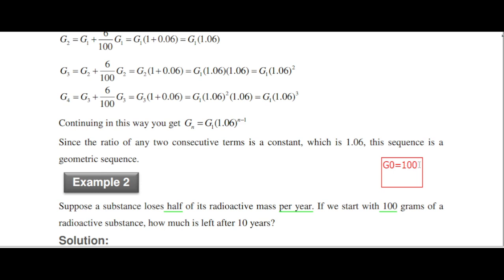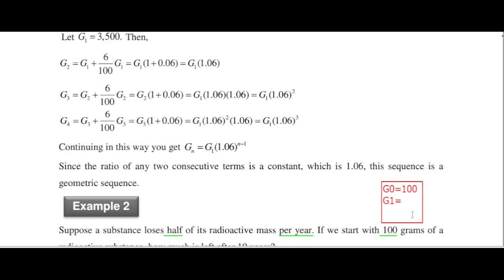Now what we need to find here: a radioactive substance, how much is left after 10 years? Let's compute G1 here. Suppose the substance loses half of its radioactive mass per year, so it is half of G naught.